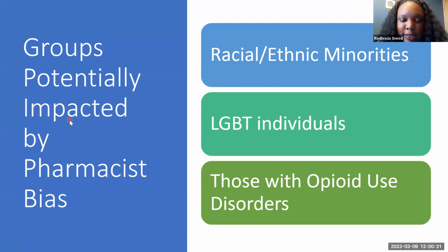There's one study that I reviewed that talked about LGBT people who were going to get pre-exposure prophylaxis and feeling as though they were judged by the pharmacist for wanting to get this kind of medication, as well as people who might have opioid use disorders. The extent to which pharmacists would judge them for having these disorders really impacted whether people decided to go into pharmacies and get prescriptions that they needed.